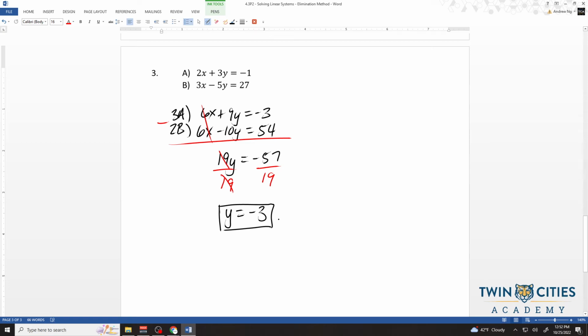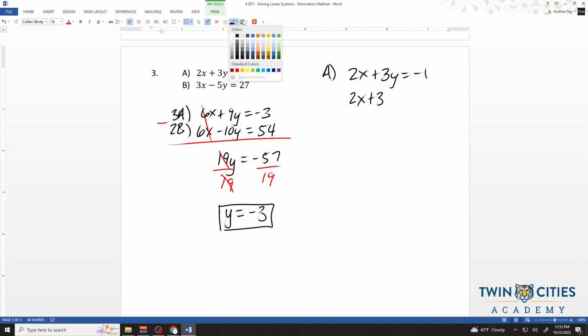All right, now I'm going to plug this y equals negative 3 into any one of these equations. So let's just do the first one again. 2x plus 3y equals negative 1. Plugging in y equals negative 3 here will be 2x plus 3 times negative 3, and this is equal to negative 1. 2x minus 9 is equal to negative 1.